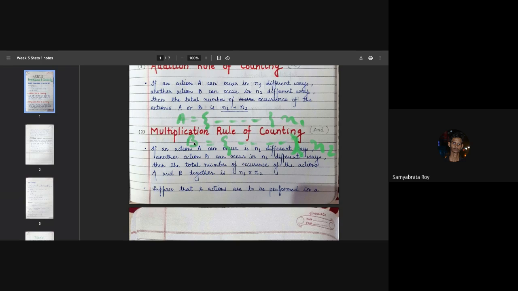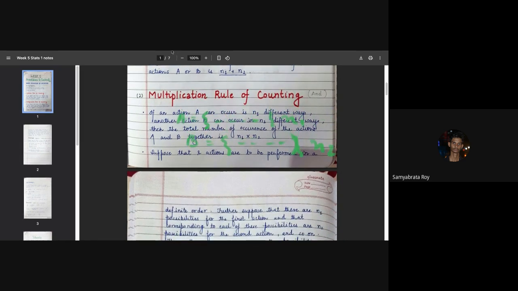What is the number of possibilities that A and B both could be executed? In that scenario, we'll create another set of all possible combinations, which will be nothing but an ordered pair.